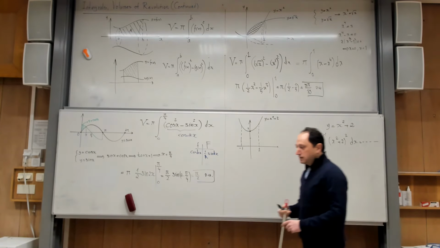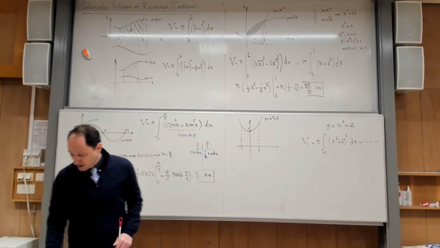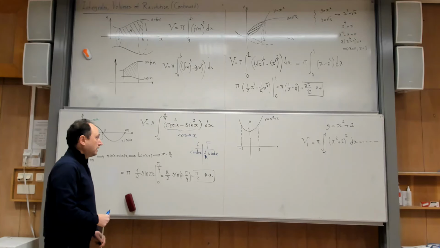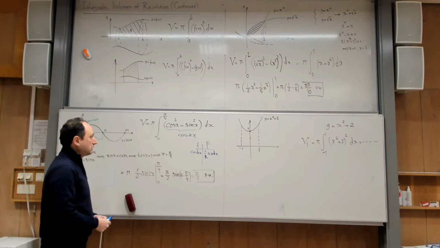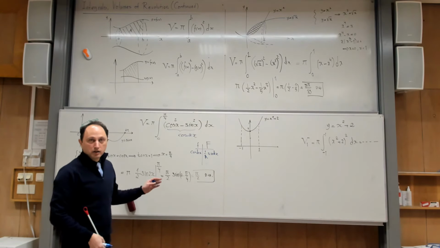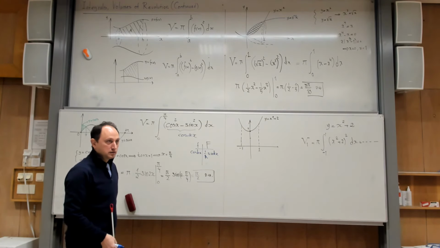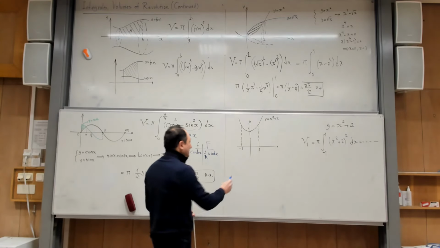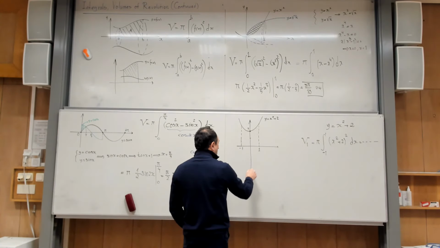Now I see that there are some questions in the book. For example, they ask you not to rotate it about the x-axis, but about another horizontal line. So what they mean, for example, let us take this, y equals minus 1.